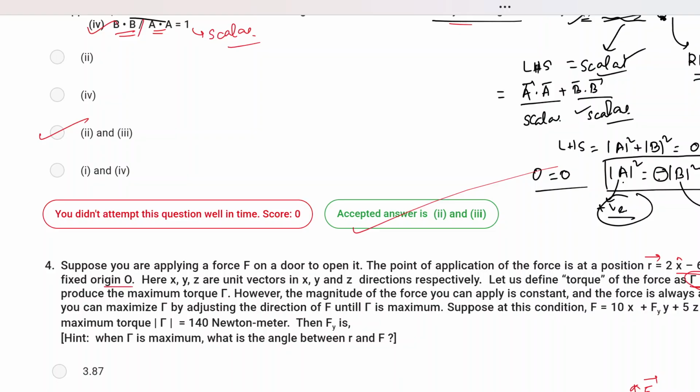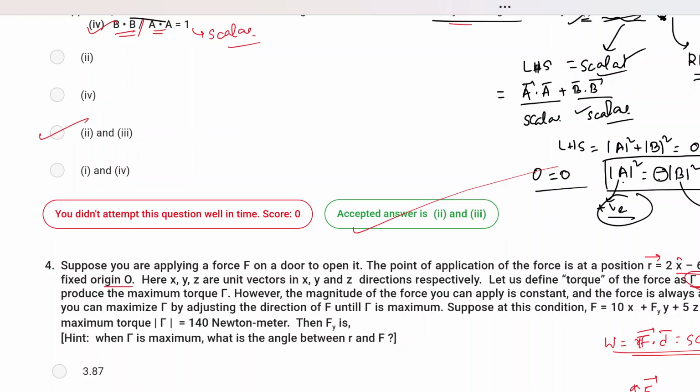Another very important thing is that when you take a dot product of two vectors, you will always get a scalar quantity. Like work done is a dot product of f and d. This is a scalar, because two vectors taken in a dot product will give you a scalar back. But here you see that I have put a vector sign on top of tau, right? Because this is very important.